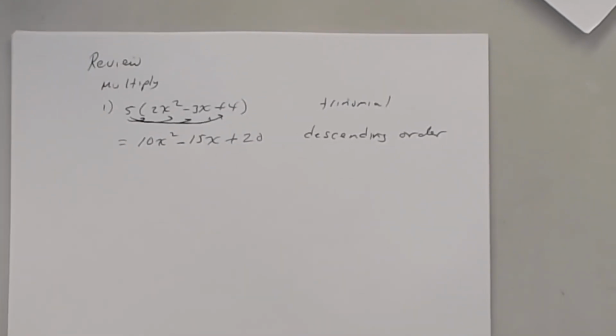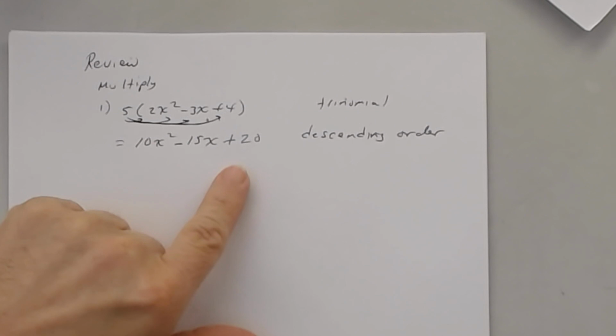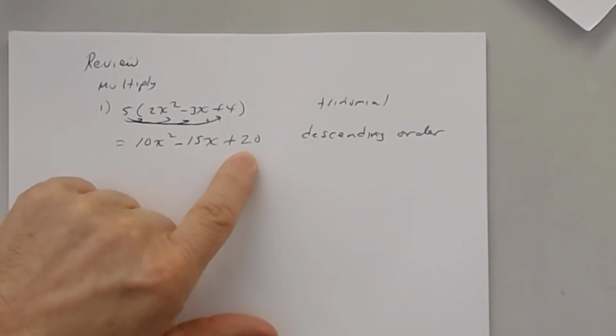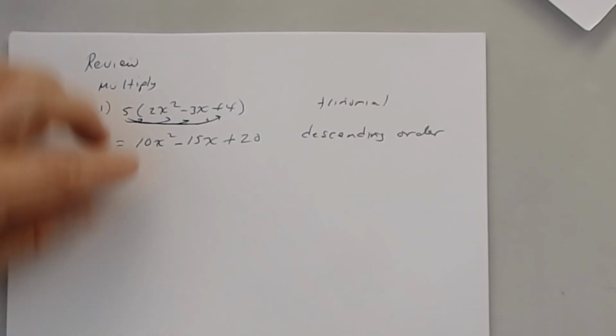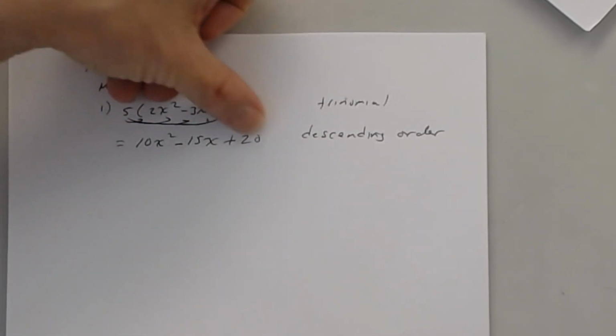Descending order means put the term that has the largest exponent first, then the next lowest, and so on. We always put the constant last. The 20 is called the constant because there's no variable there, meaning that's always going to be 20. So this is in descending order. Exponent 2, exponent 1, and then your constant.